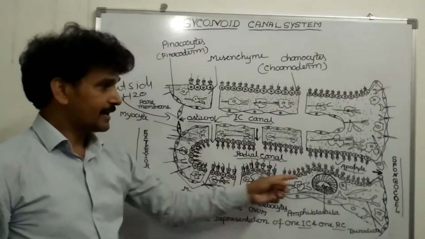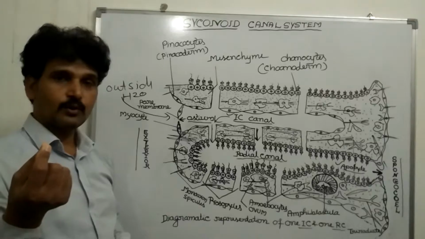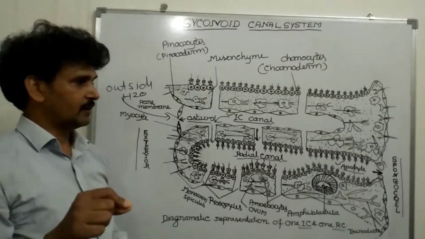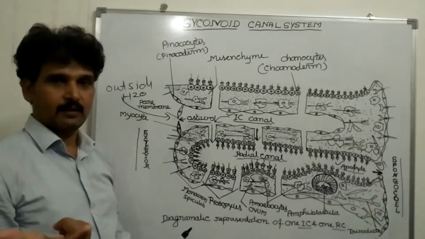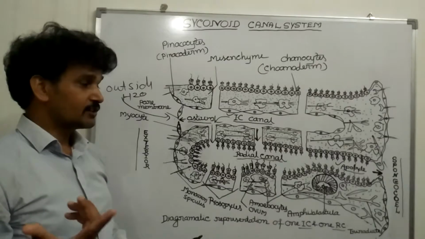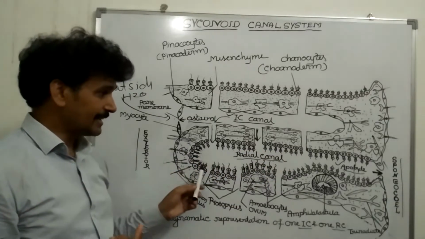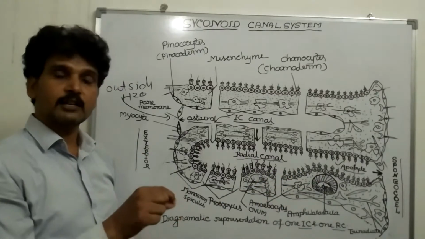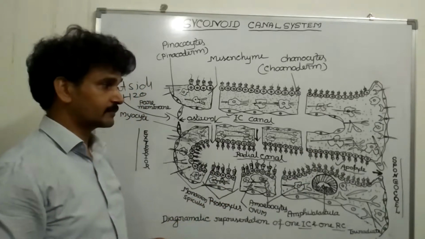The entire radial canal is lined by choanocytes. Choanocyte is a type of collar cell or flagellated cell. The choanocyte is a flagellated cell. That is why the radial canal is also referred to as flagellated chambers.